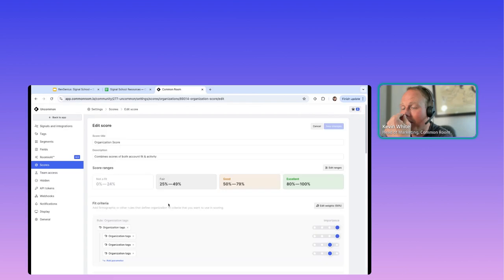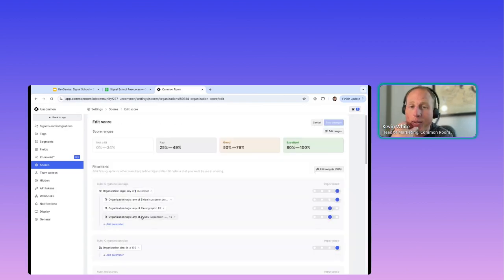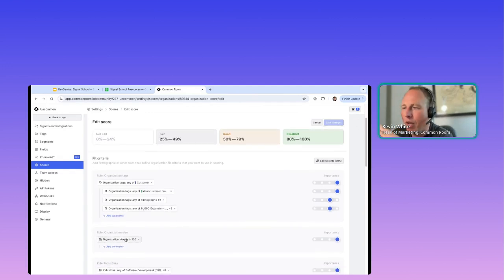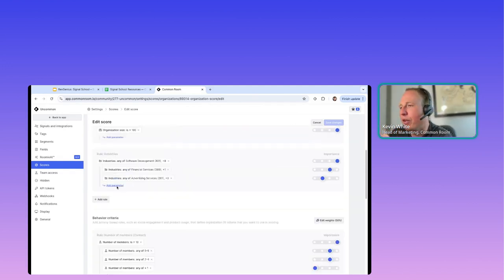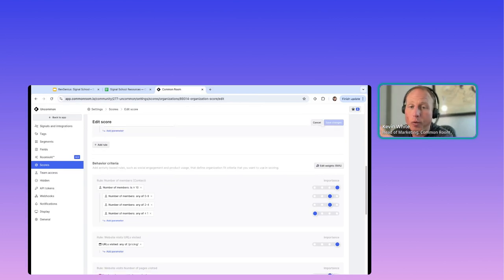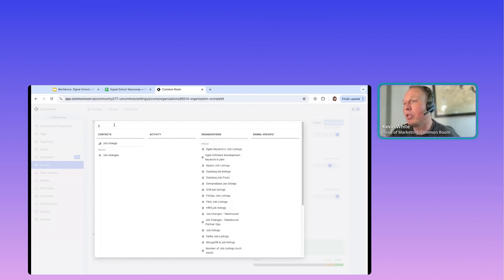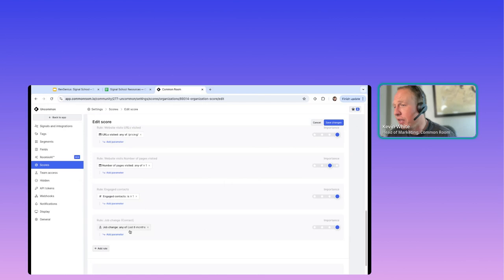If I go into here and edit this, you'll see both the organization criteria, like is it our ICP fit or not, how many employees do they have, what's their tech stack, what's their funding. You can score on all these dimensions, but you can also aggregate users within that account who are accumulating scores based on signals. So you can say, add rule for a job change in the last 3 months or whatever, and then say the same thing within the last 6 months, and adjust that score accordingly.